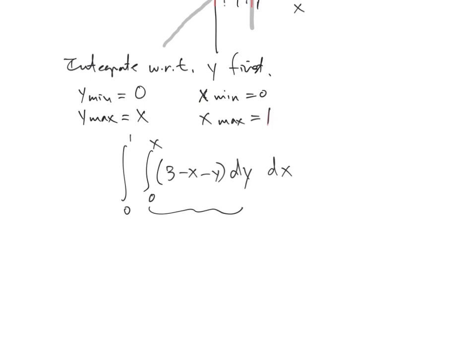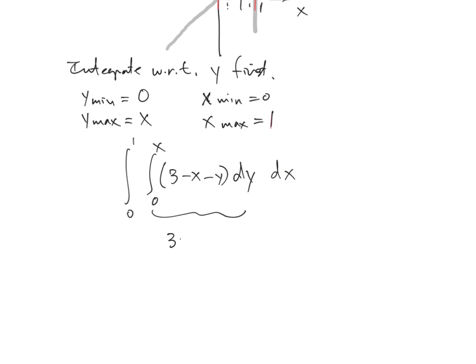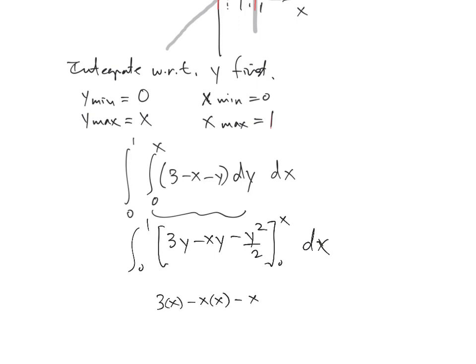So I get 3y minus x times y minus y squared over 2, where y goes from 0 to x. So now I've got 3 times x minus x times x minus x squared over 2, minus 3 times 0 minus x times 0 minus 0 squared over 2.